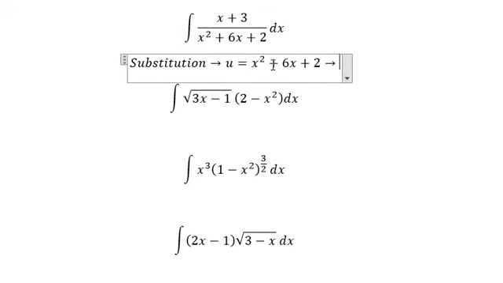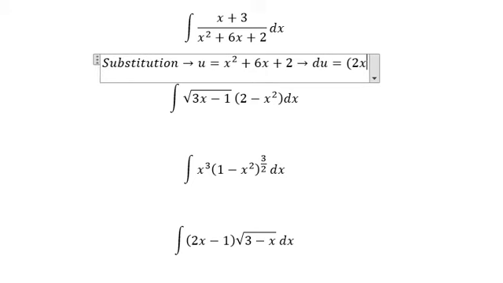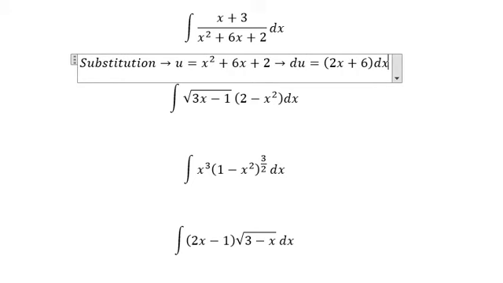We do first the derivative in both sides. We see that on the numerator you got x plus 3. On this one you got 2x plus 6. So we need to divide both sides by number 2.